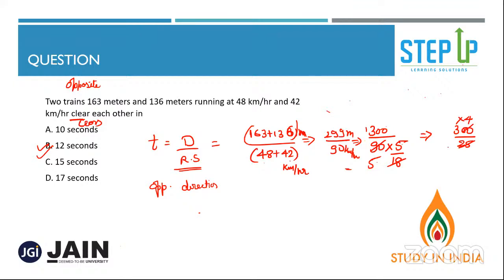Okay, you people are giving me calculator answers because you are sitting with a calculator. But in the exam, don't waste your time doing that calculation. Just take it as 300. Fair enough? You got it right? Okay.